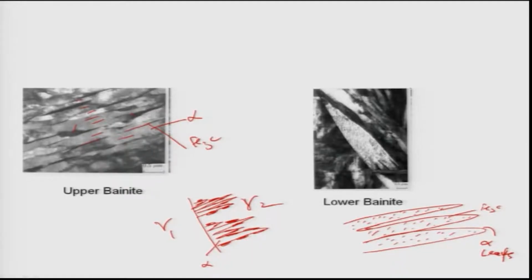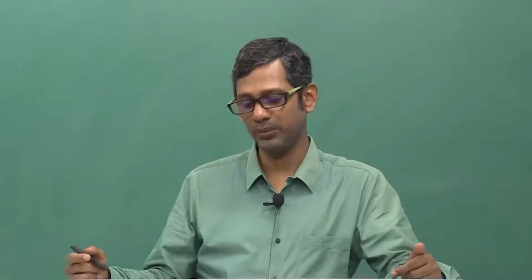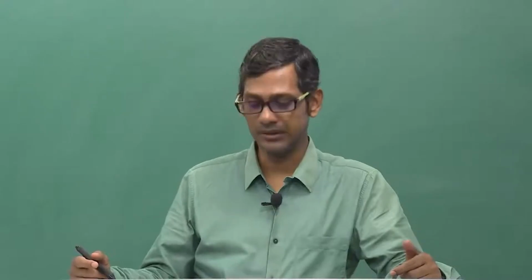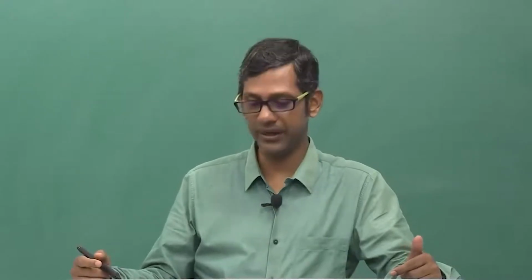That is exactly how this lower bainitic transformation happens. It is very clear that because the Fe3C precipitated inside the supersaturated alpha leaves, this is a distinctly different microstructure compared to pearlite or even upper bainite.